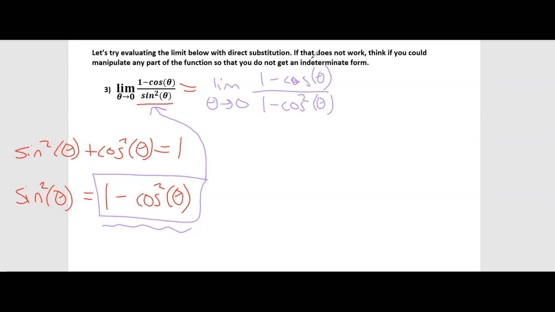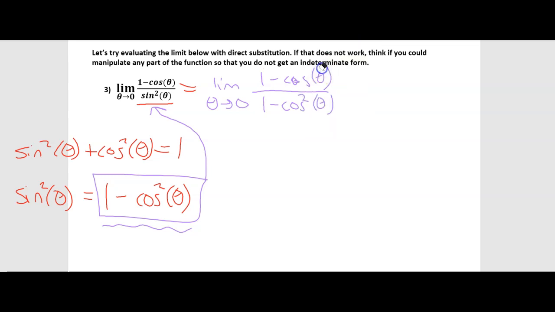Once you get to this step, again, the numerator and denominator look the same, but we can't just simplify out the numerator with the denominator, because one is just a cosine, one is a cosine squared. We also can't just simplify out these ones because they're not factors, they're part of a factor in both the numerator and denominator.